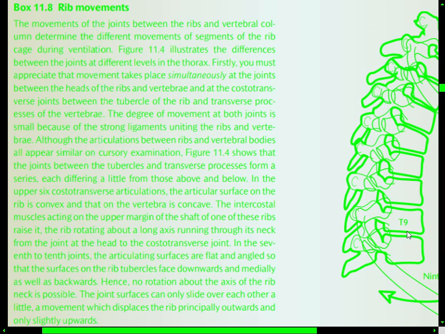Firstly, you must appreciate that movement takes place simultaneously at the joints between the heads of the ribs and vertebrae, and at the costal transverse joints between the tubercle of the rib and the transverse processes of the vertebrae. I didn't understand everything, but I will repeat it.